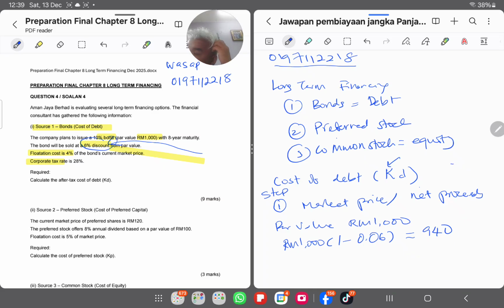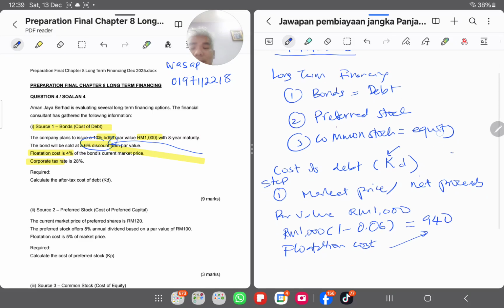Then you also have to consider the flotation cost. The flotation cost is calculated on the 940, not the 1,000.